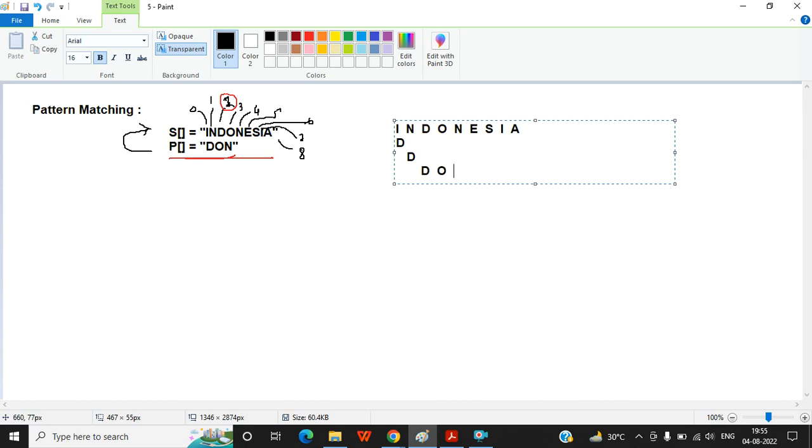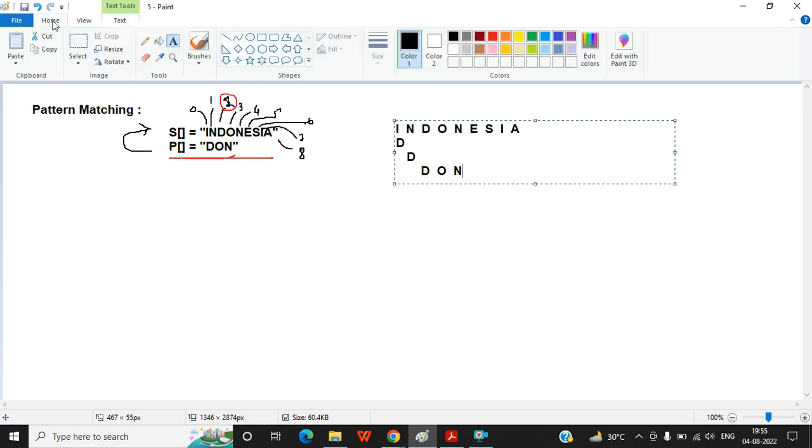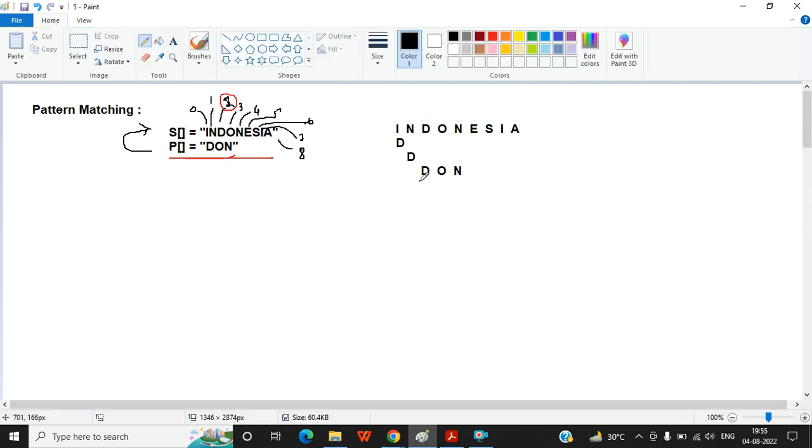Since it is matching, we consider the next character. And since the pattern string is finished, completed, we return the position after finding the complete pattern match. So this is your simple pattern matching algorithm in the brute force technique.